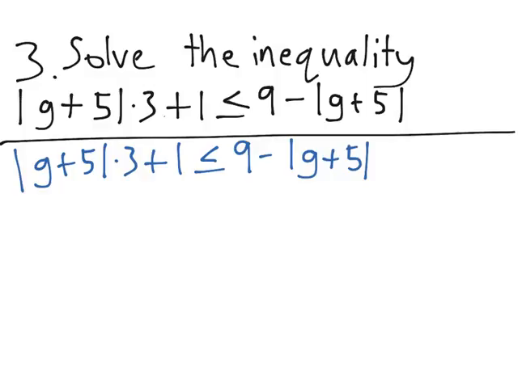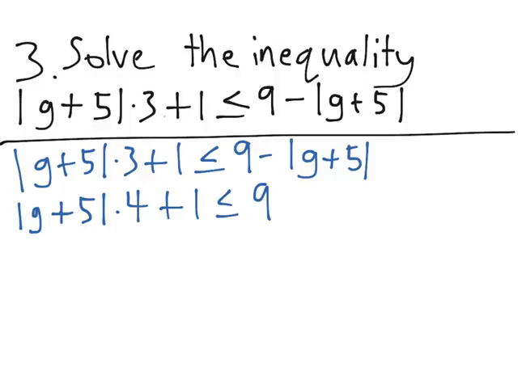If we add absolute value of g plus 5 to both sides, we'll get absolute value of g plus 5 times 4, since 3 plus 1 is 4, plus 1 is less than or equal to 9. The other term with absolute value of g plus 5 will cancel the minus absolute value of g plus 5.